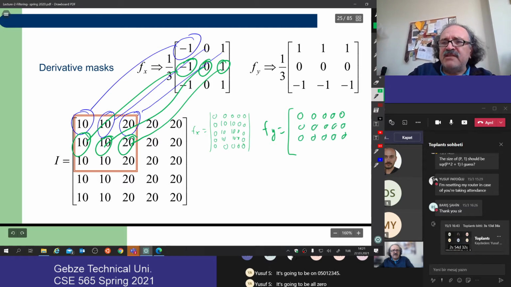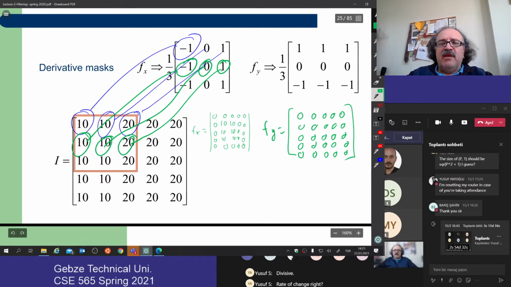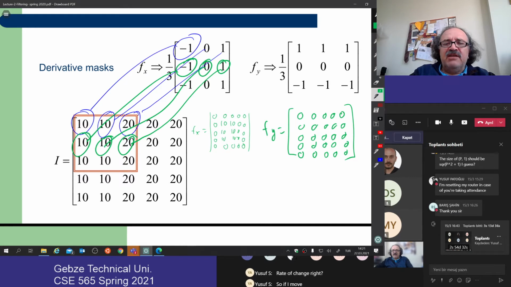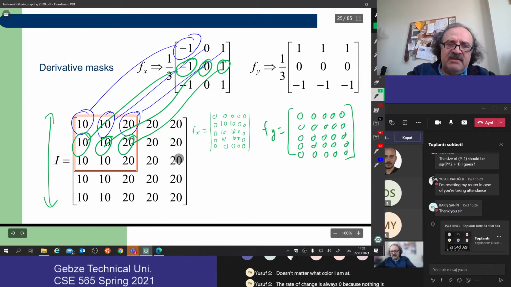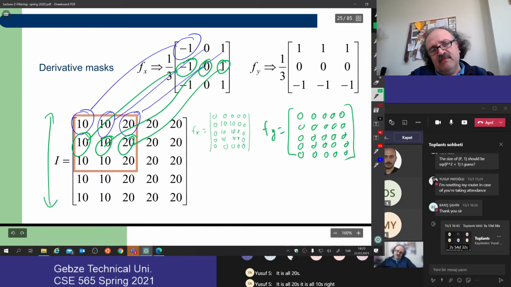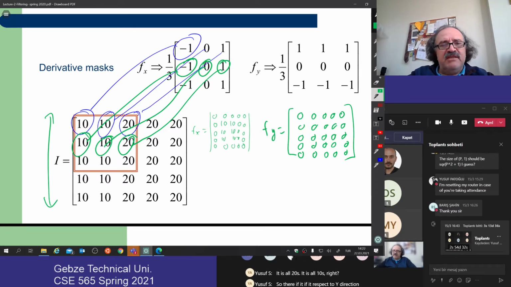So remember, what was the definition of derivative? Rate of change, right? So if I move in y direction, either up or down, doesn't matter what column I am at, the rate of change is always 0 because nothing is changing. It is all 20s. It is all 10s, right? So derivative with respect to y direction is always 0.